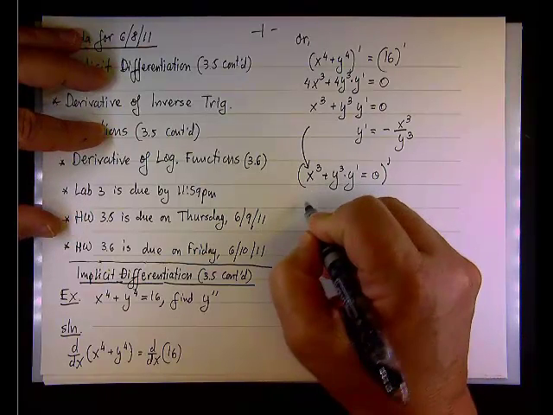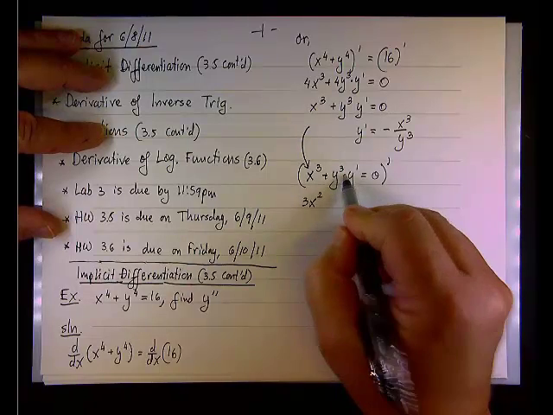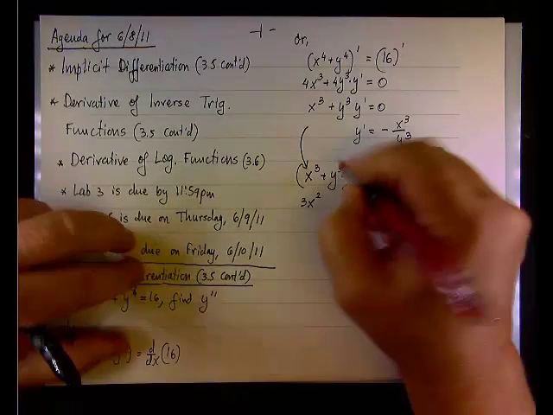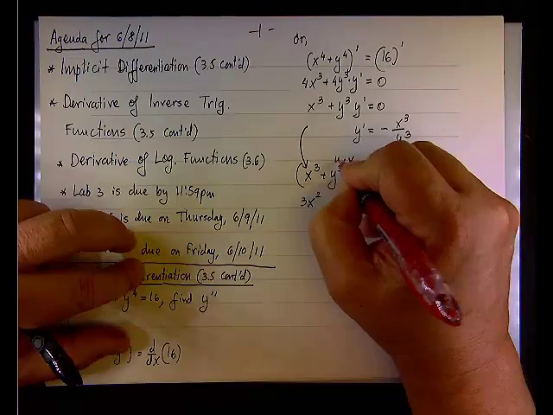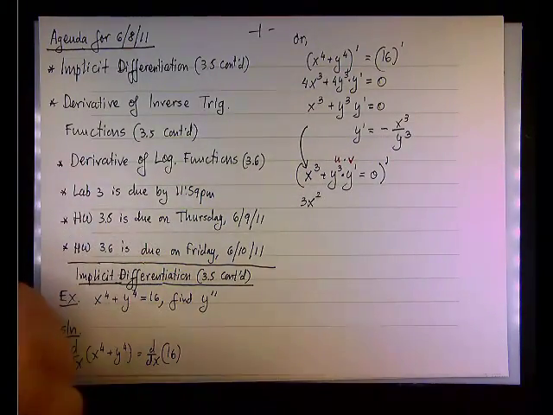And again, the derivative of x cubed with respect to x is 3x squared. Now here I have a product rule. Let me do it in red here. Let's say this is u and this is v. So what is u prime?